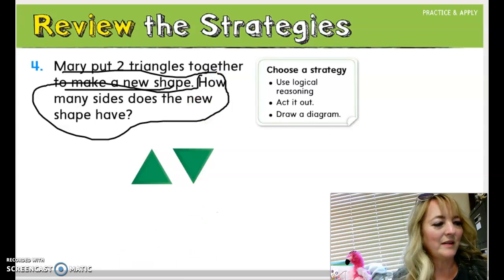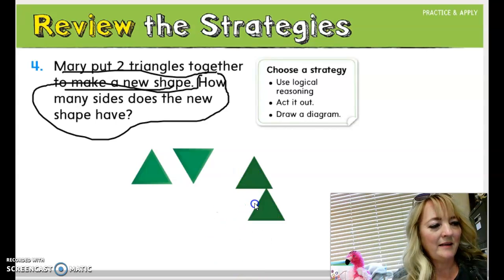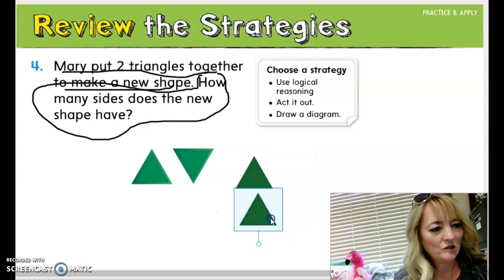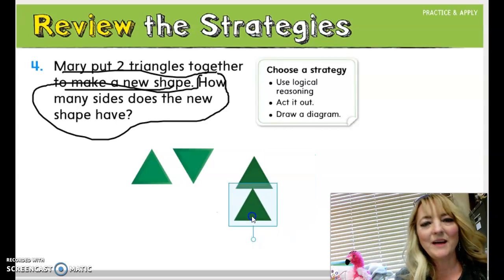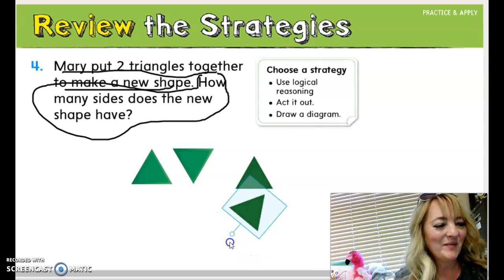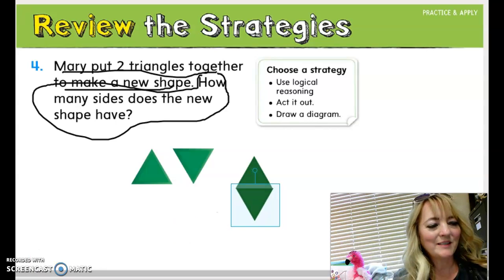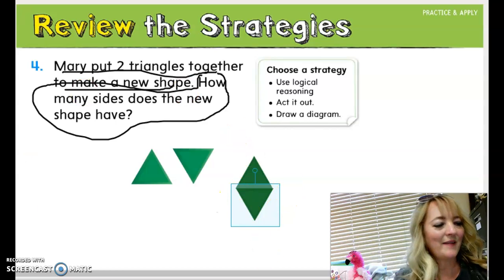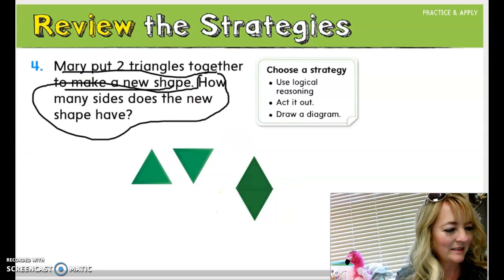So if we use our triangle pattern block, and then, oh, that's not really a shape, is it? Oh, kind of like a Christmas tree. What if we turn it upside down? Oh my, now we have a rhombus or a diamond. So go ahead and trace around that, and what we have is a rhombus.